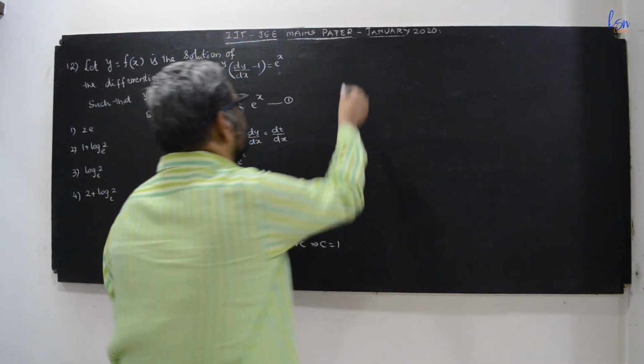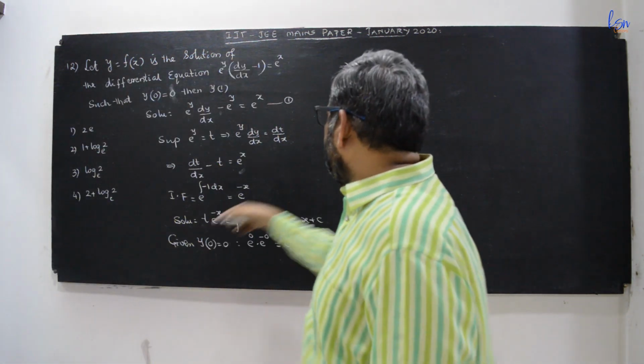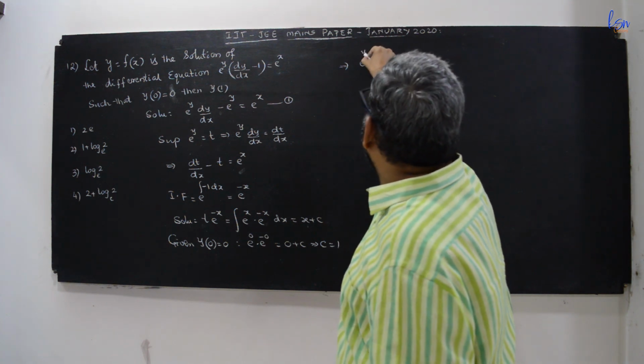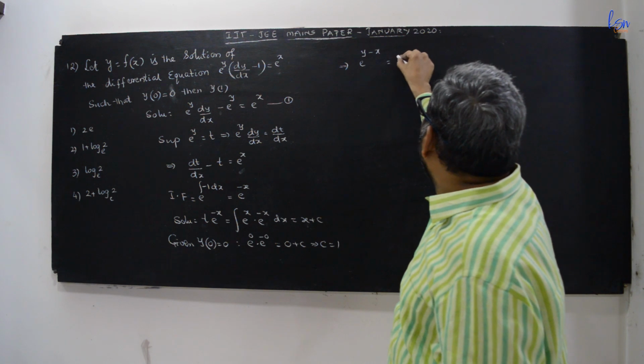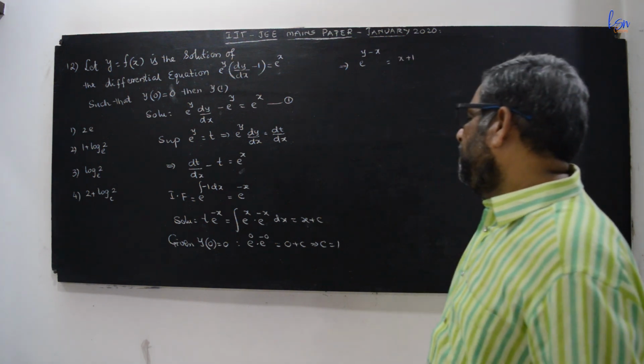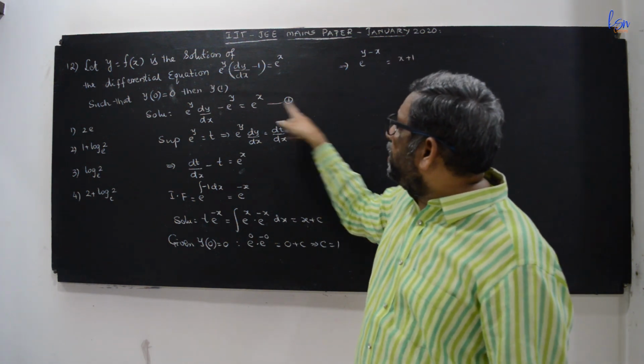Therefore it implies e to the power of y minus x is equal to x plus 1. Now we are asked to find out y of 1.